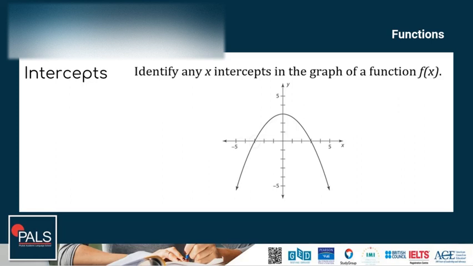So checking the graph, we have 2 points where the graph passes through the x-axis. The first one is -3, and the second one is when x is 3. So -3 and 3 are the x-intercepts of the given graph.